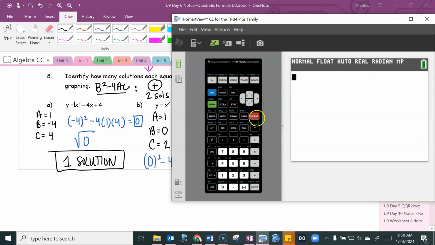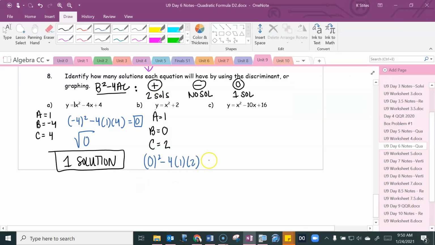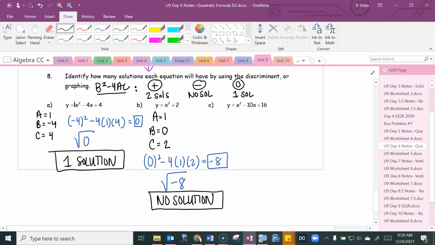Let's type it in. -8. Okay, so what does that mean? It means we have a square root of -8. Can we take the square root of a negative? No, we cannot. This is no solution. Okay, so the discriminant's really helpful. It tells us how many solutions there are without even doing the whole quad formula.